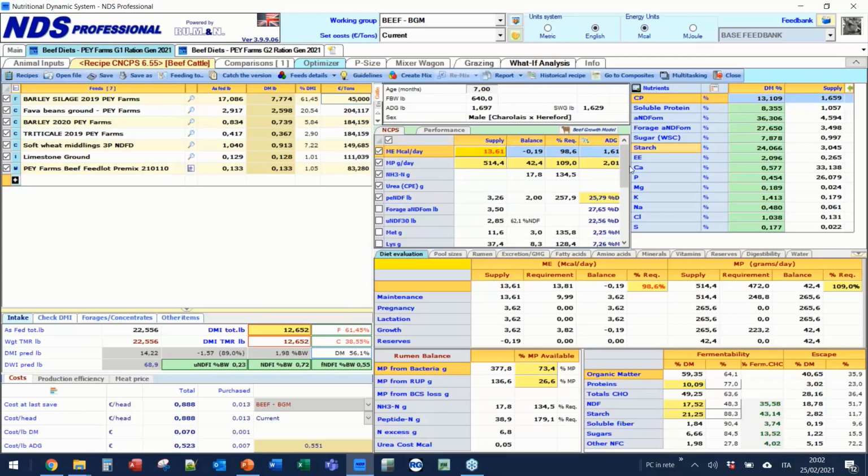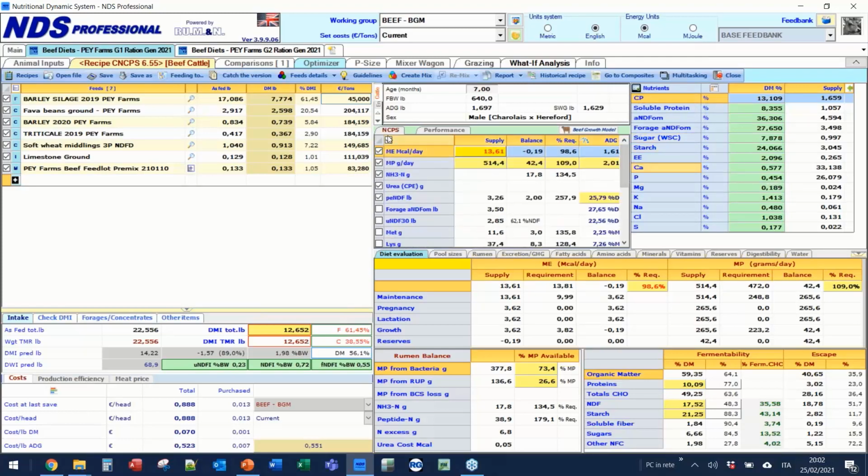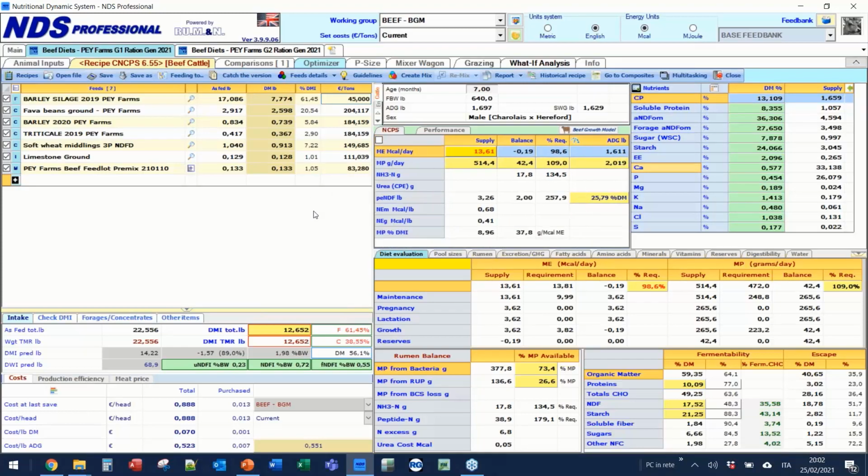We can customize this section, and I work mainly with these parameters: ME and MP allowable gain, rumen ammonia.